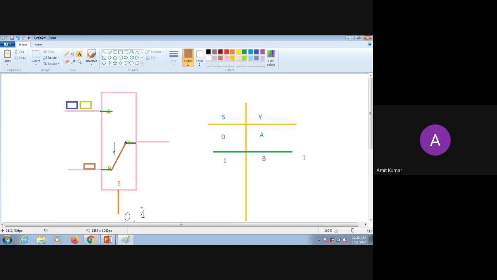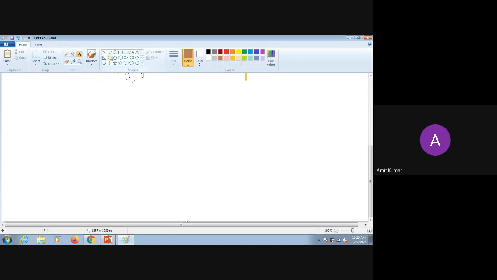Now if you see the current scenario, what we want. So we are having a digital signal. So this is some digital data.